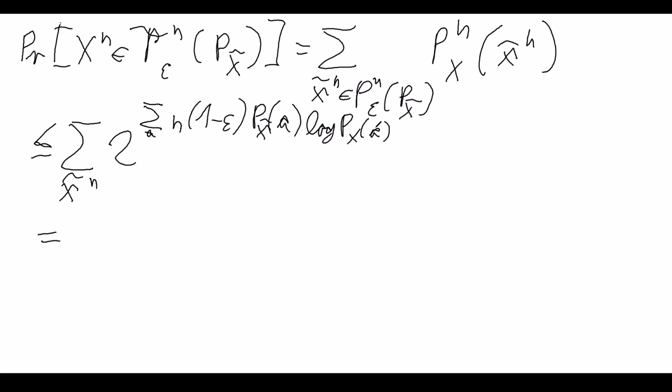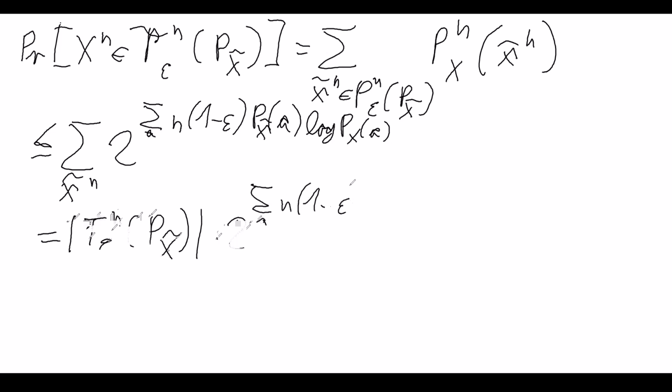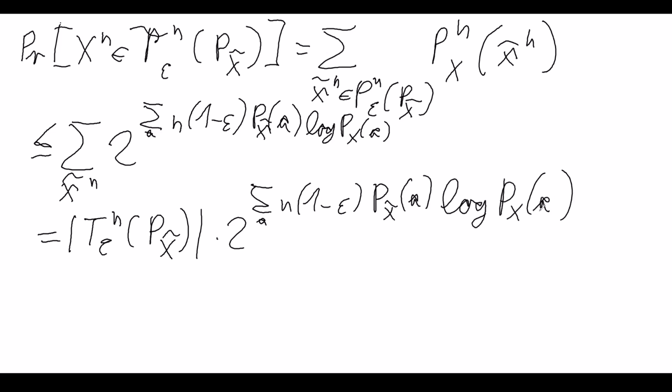All elements of the sum are the same. So we have in total exactly the cardinality of the typical set of Px̃ times 2 to the sum over all a of n(1 minus epsilon) Px̃(a) log Px(a).